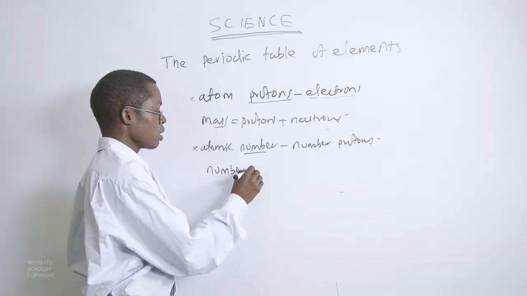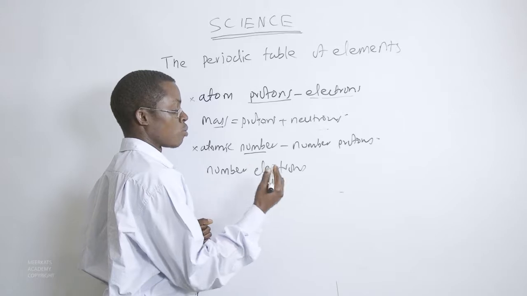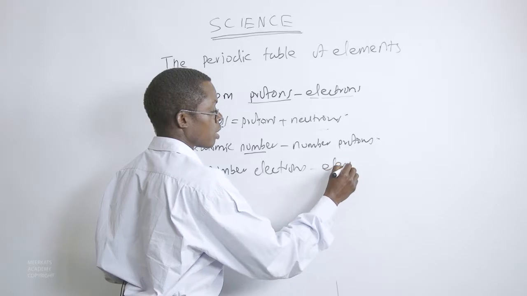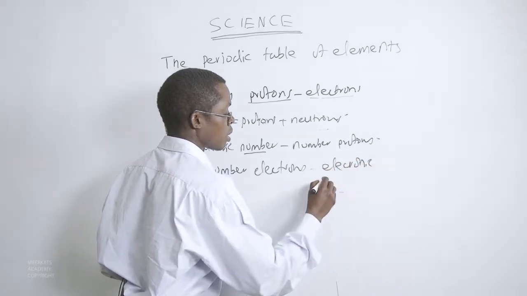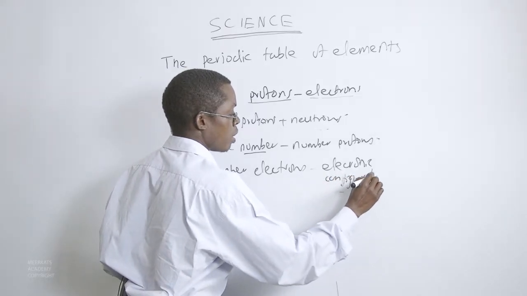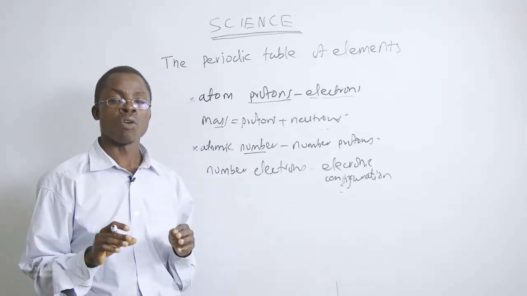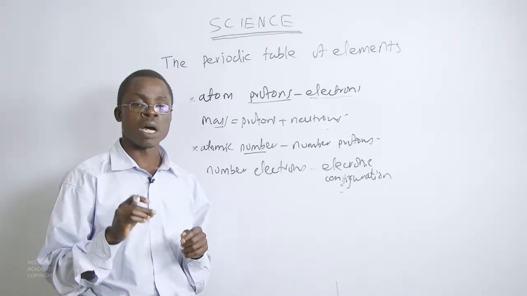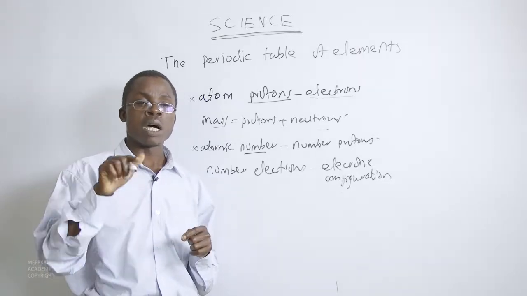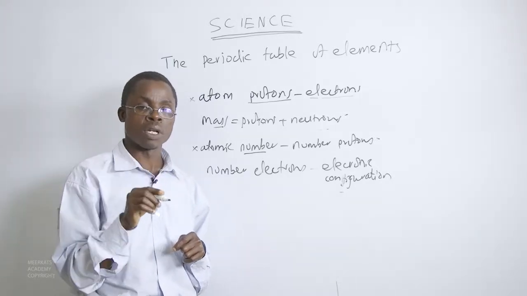And lastly, the key point we need to remind ourselves of is that after you have known the number of electrons of an atom of an element, you then need to write what you call the electronic configuration. Electronic configuration is just a show of how many electrons are in which orbit, or what I also call energy level, because those electrons are arranged in a circular manner around the nucleus.